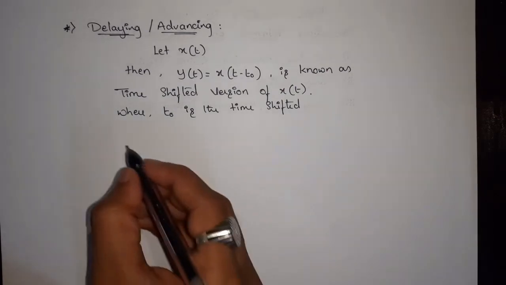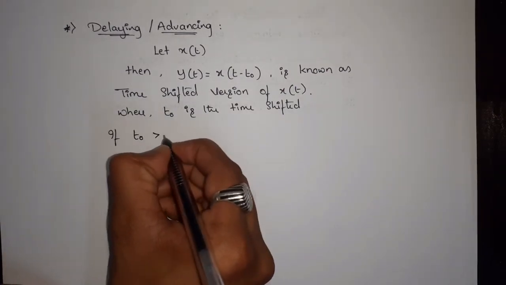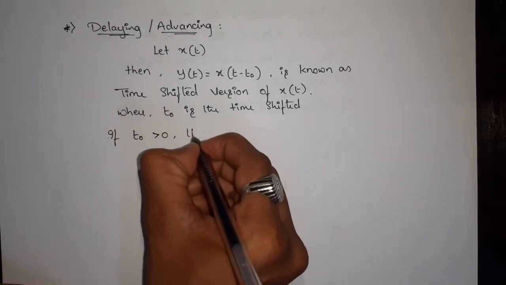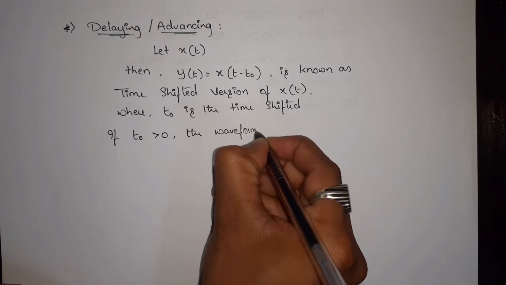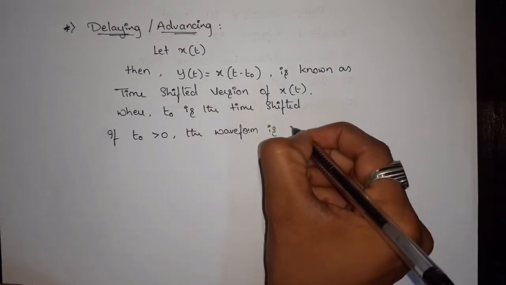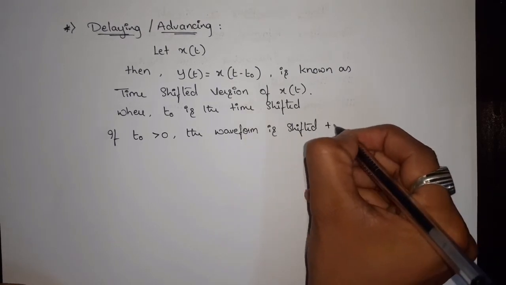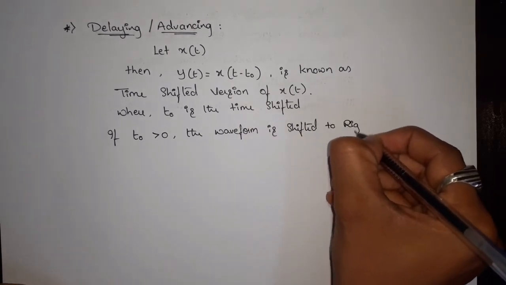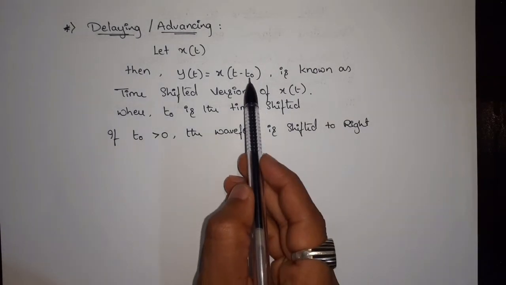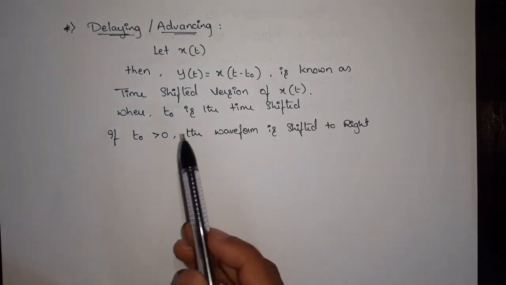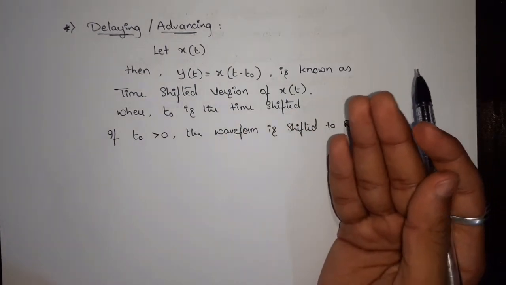If t naught is greater than 0, then the waveform is shifted to the right side. If the value of t naught is greater than 0, which means positive values, then the waveform is shifted to the right side.